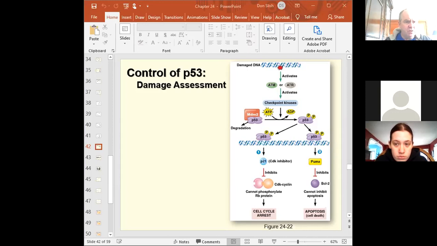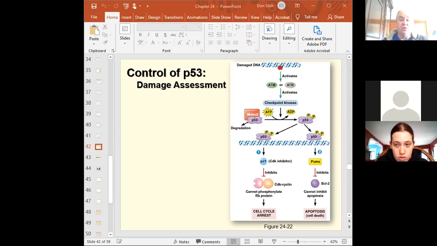So let's see, reading from the notes, P53 is mutated in more than 50% of all cancers. Okay, and that's not because mutating it causes cancer, it's because mutating it allows cancer. Once your cells no longer have P53, mutations that normally crop up are no longer fixed, and they continue in that cell line, and then eventually they become cancerous.